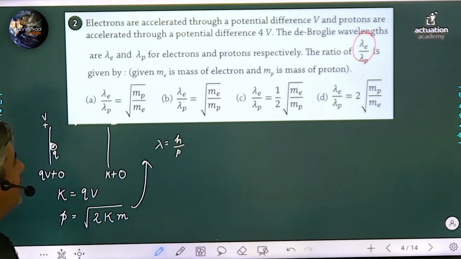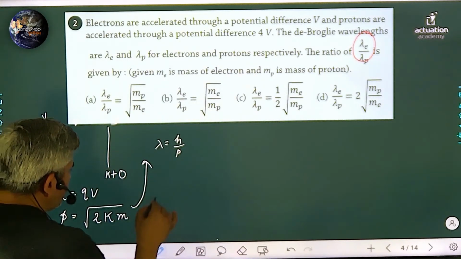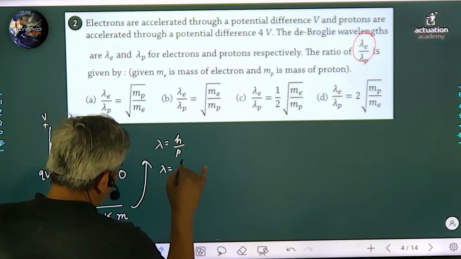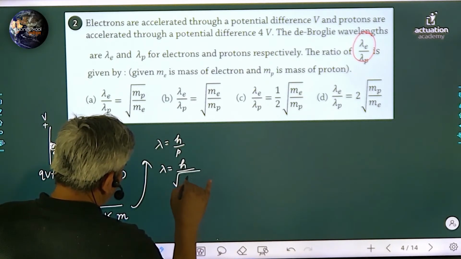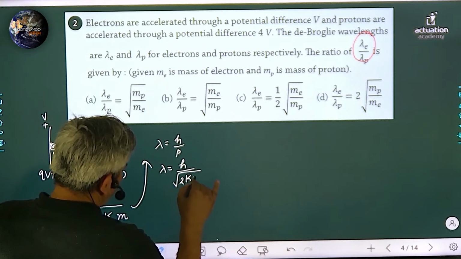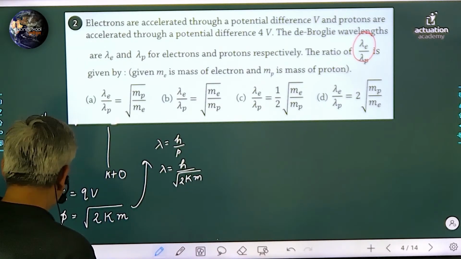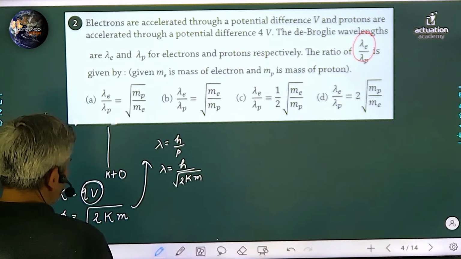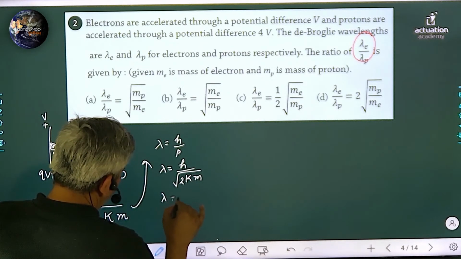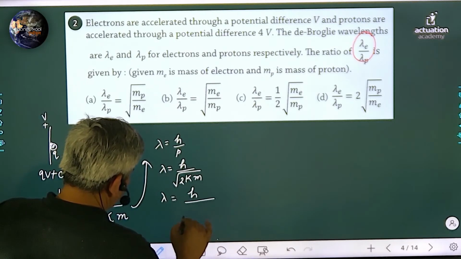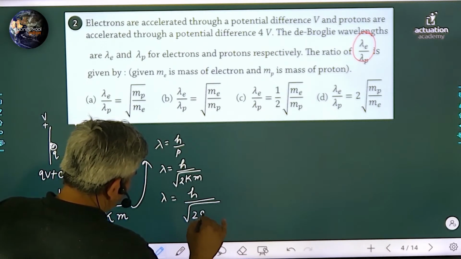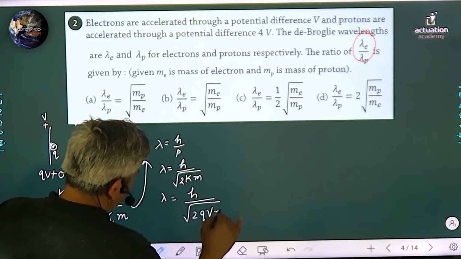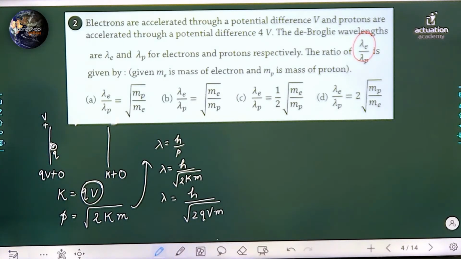Now simply using these we can write lambda is equal to h over under the root 2 times kinetic energy into mass, and in place of kinetic energy we can write lambda is equal to h by under the root 2 q v into m. Now let's put all the values here.